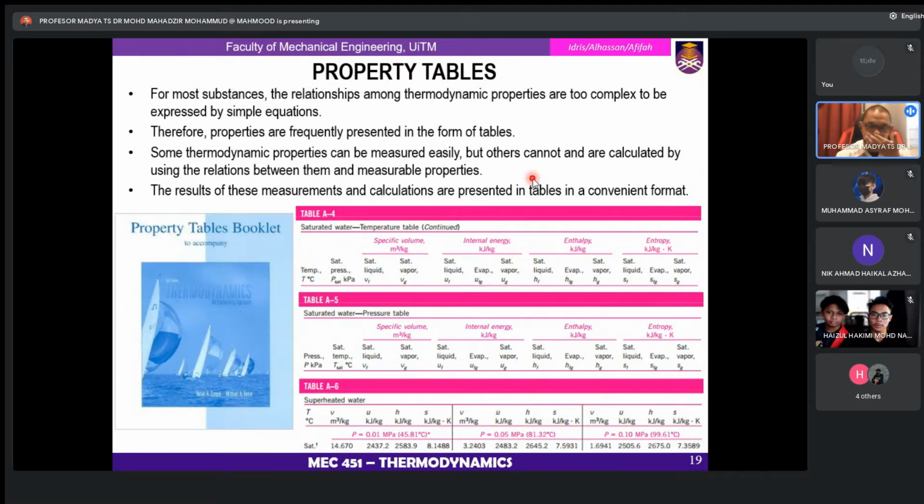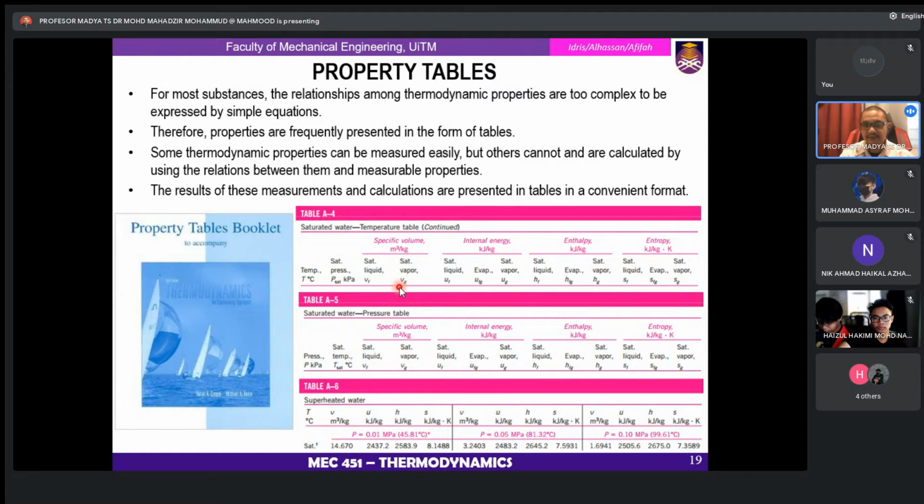In table A4, you can see it is saturated water, and it is a temperature table. In this saturated water table, it has the properties of temperature, saturated pressure, and specific volume, small v, and internal energy. This is specific internal energy because the unit is kilojoule per kg, so this is small u.